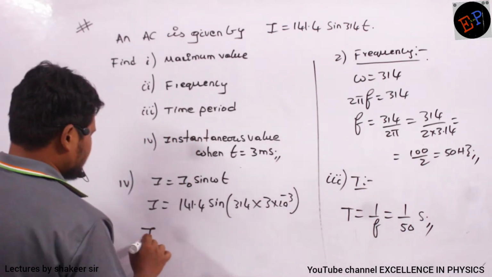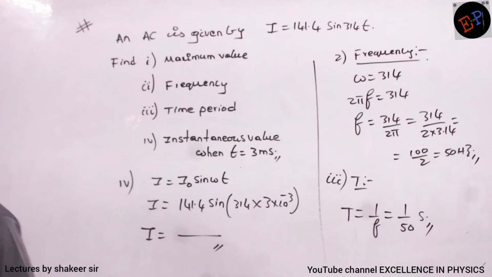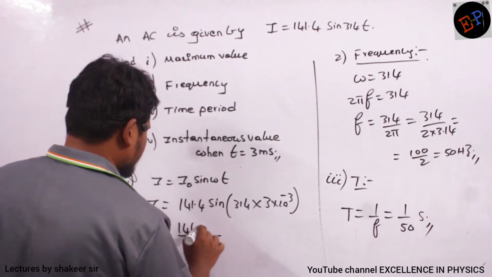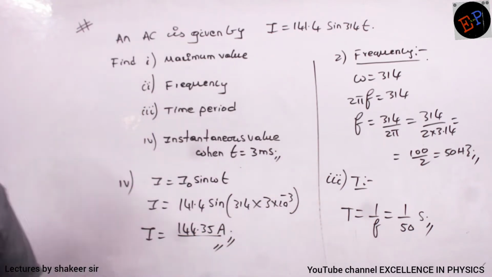Okay. So just do this calculation. That will be the instantaneous value of current. Clear, no? So the answer which you should get is 114.35 amperes.